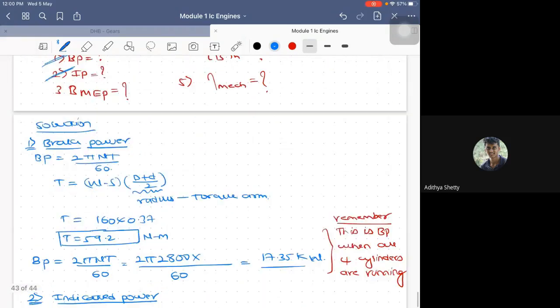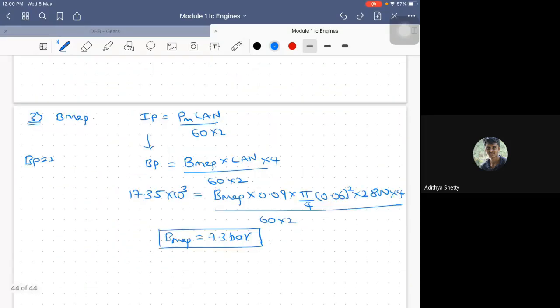No. So now we are using the indicated power formula, in the sense you have to do cross 4 here. So when you do cross 4, then it has a complete meaning of 4-stroke, 4-cylinder.